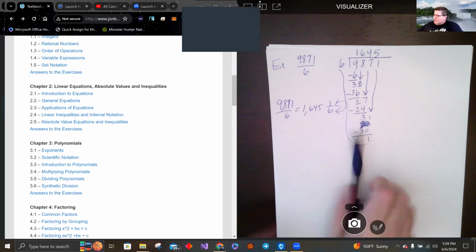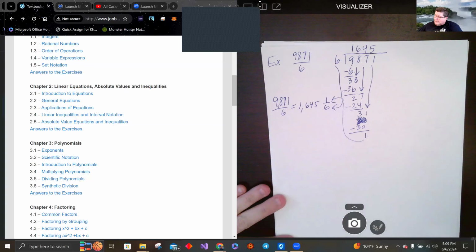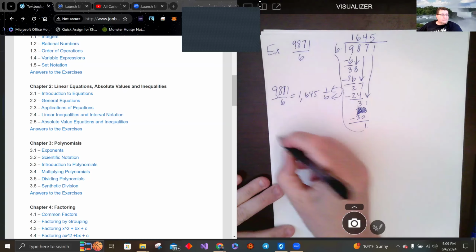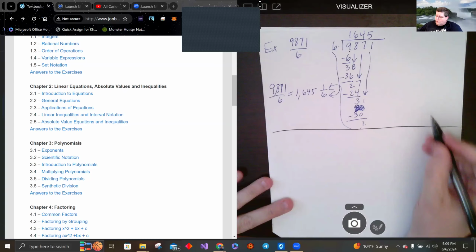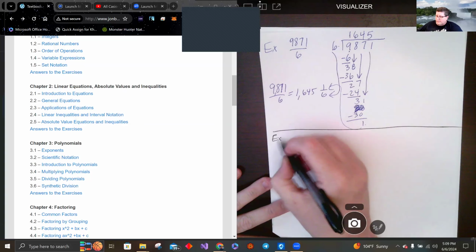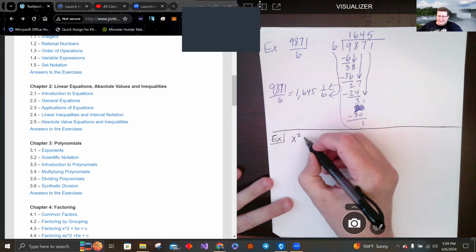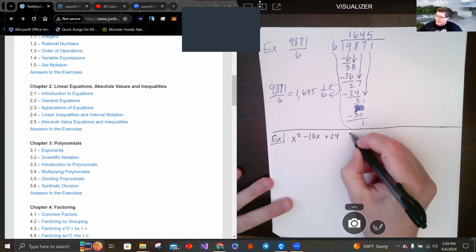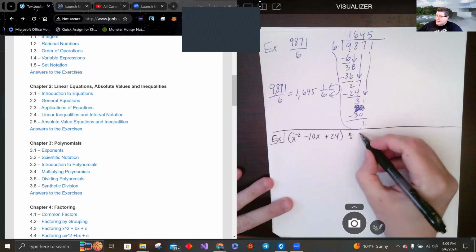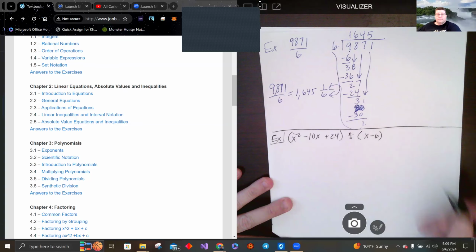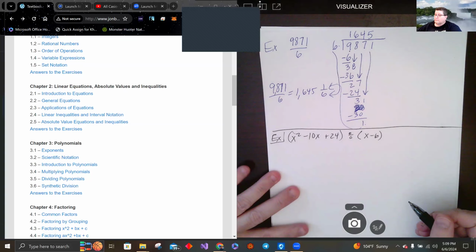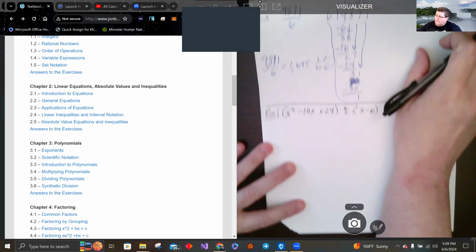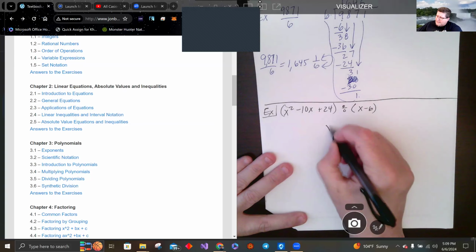All right, let's see how it works on polynomials. We're going to start with x squared minus 10x plus 24 divided by x minus 6. So the x minus 6 goes out front.